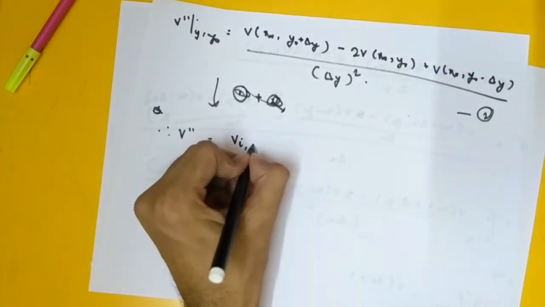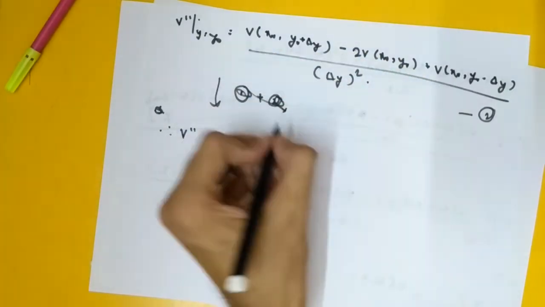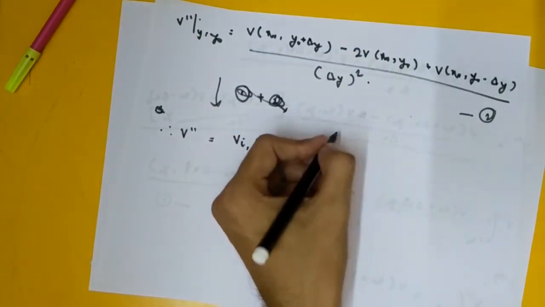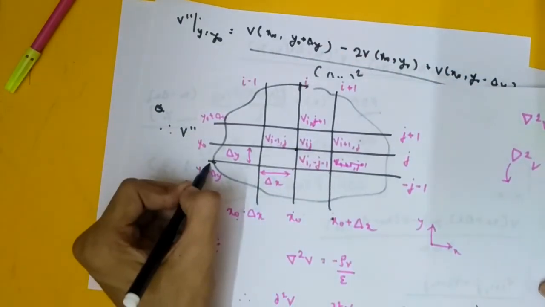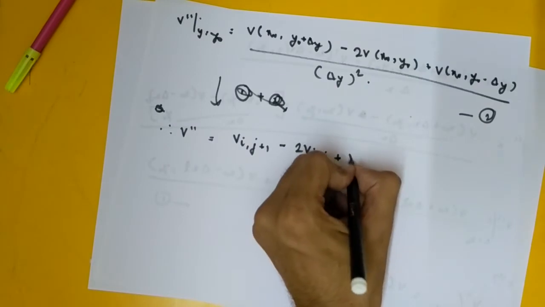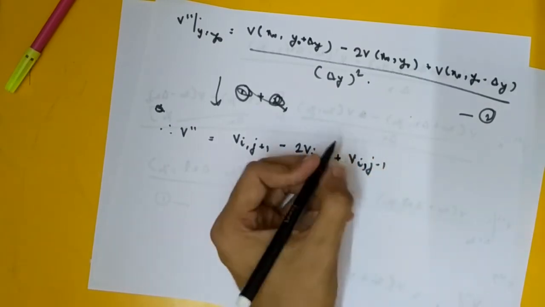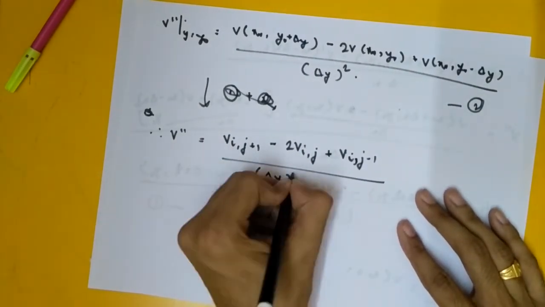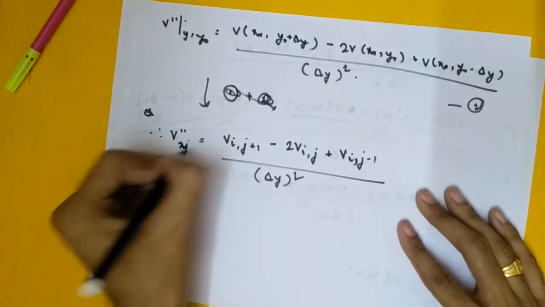So v i comma j plus 1 minus 2 v i comma j, plus this will be v i comma j minus 1, upon delta y the whole square. This is for x, sorry, this is for y.